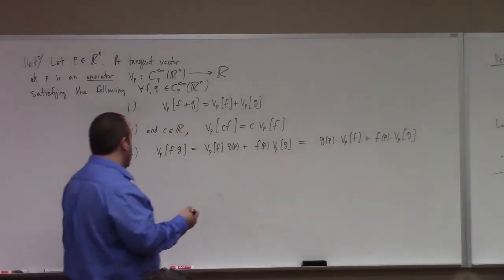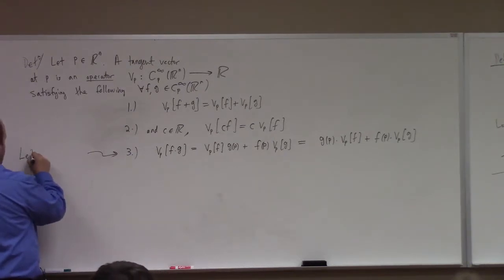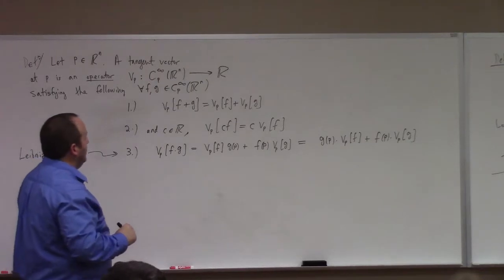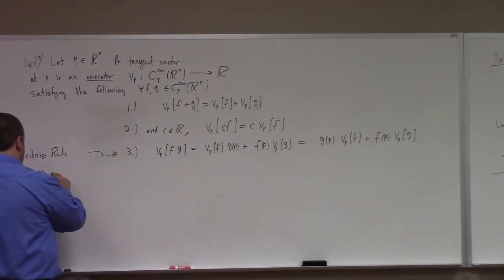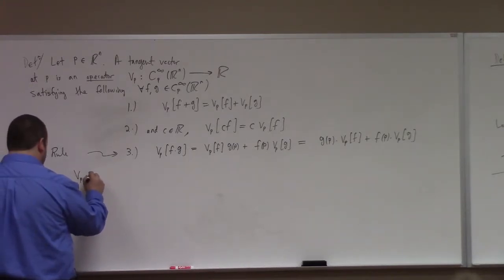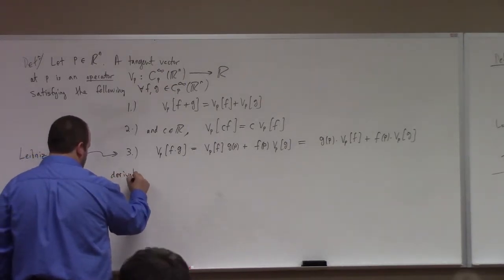This is the Leibniz rule. All right? And basically, all of this together makes VP a derivation. These are called derivations.